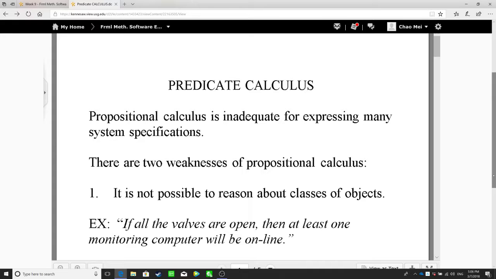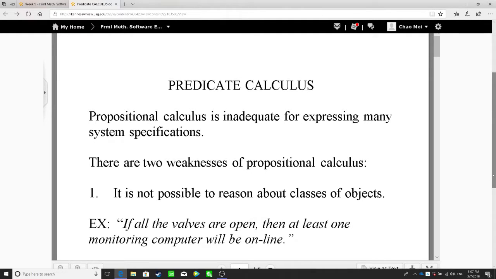So here in predicate calculus, we replace the proposition with something called a predicate. So what is a predicate? If you remember, on Monday we did several exercises. How can we convert a sentence from natural language to predicate calculus?